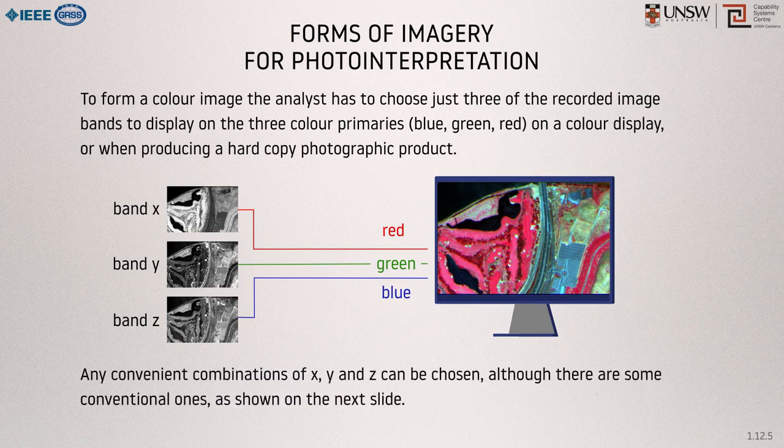Keep in mind that an individual band of image data is always represented from black to white, that is, lowest brightness to highest brightness, even though it might represent, say, the reflectance of the Earth's surface in the red wavelength range, for example, seen through a red filter. A challenge in remote sensing is to know which bands to display in which colours. We only have 3 display colours, but we could have tens or hundreds of bands of image data from which to choose.